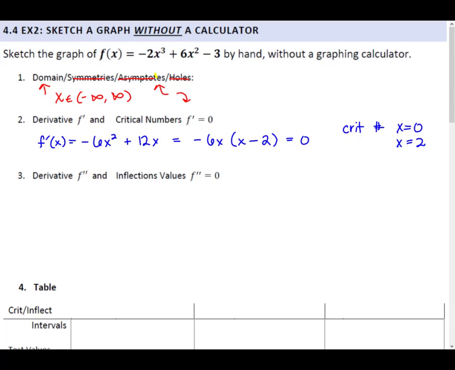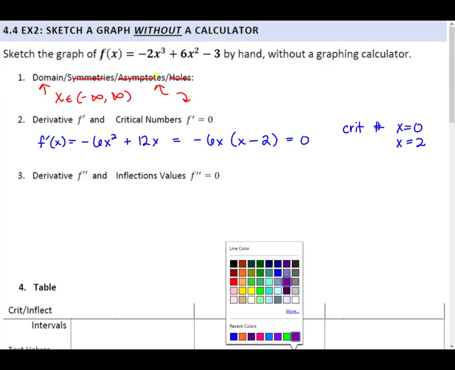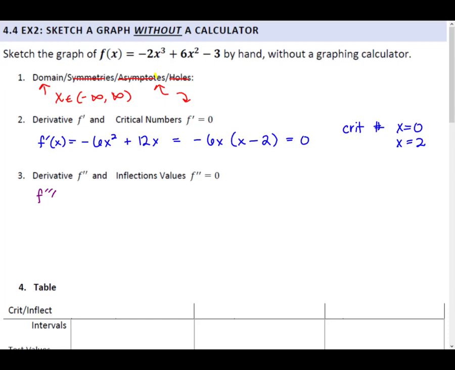So now I'll look at my second derivative. I'll take that function and differentiate again, and that's going to give me negative 12x plus 12. Of course, we always want our derivative in factored form, so I'm going to factor out negative 12, and that leaves me with x minus 1.